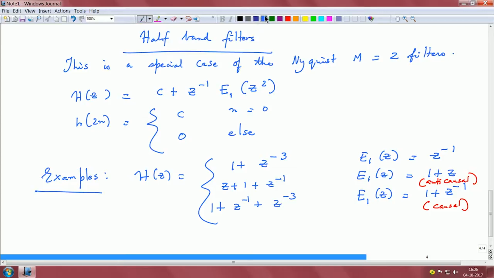So, the filters themselves could be causal or anti-causal, but they all have linear phase.